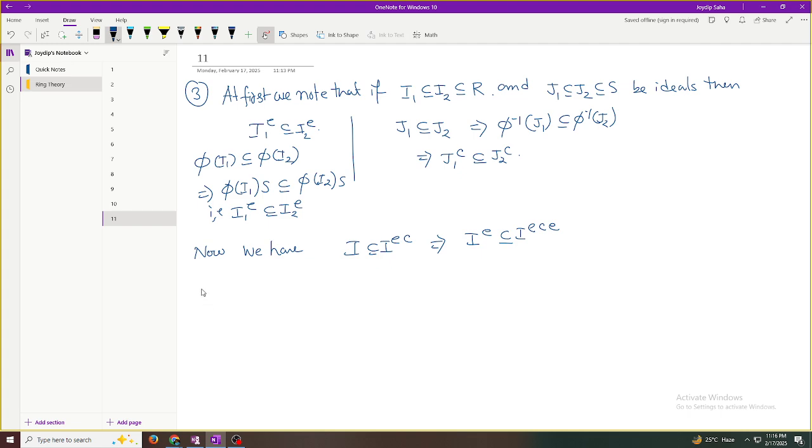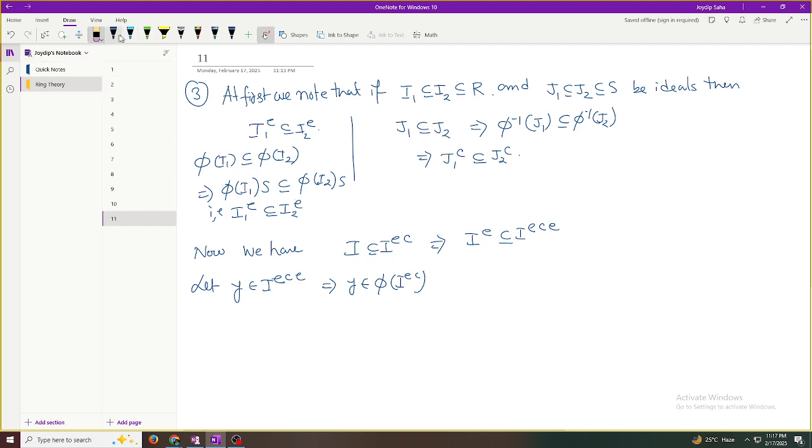Next we take, let y belong to I extension contraction extension. That means y belongs to phi of I extension contraction, extended. What is the extension? That is S.